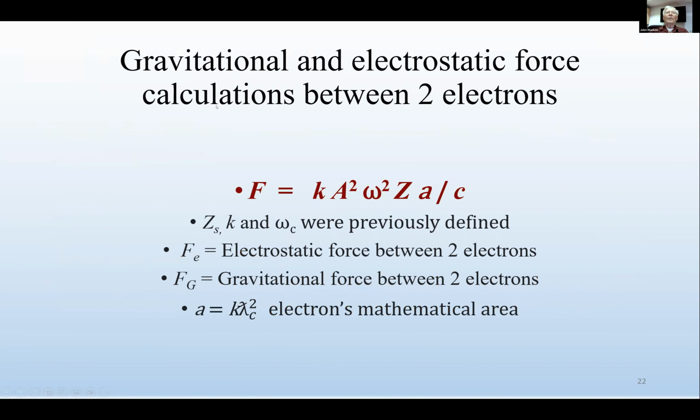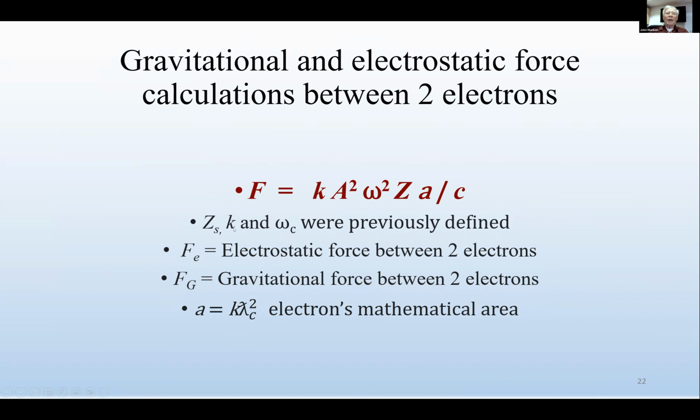Calculation of electrostatic forces between two electrons. So I'm now going to have a similar equation, except that I have force. Before, in the energy equation, I had amplitude and volume. Now I'm switching to area, so it's like we have waves striking an area.